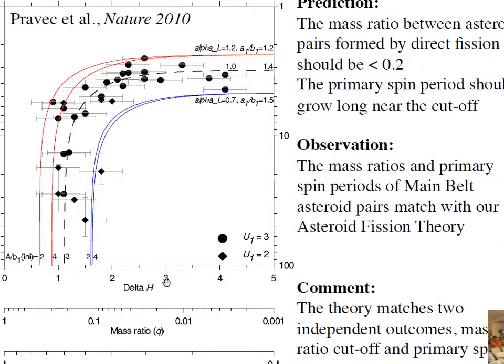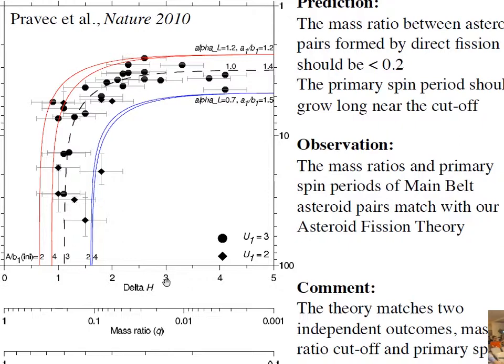So the observation is that the mass ratios and primary spin periods of main belt asteroid pairs match very well with this fission theory. And not only in one component, but it matches in both components, in terms of mass ratio and in terms of the period getting longer as you get close to that mass ratio.